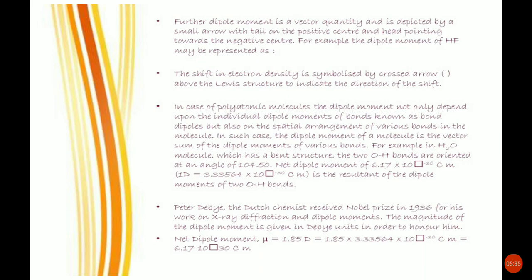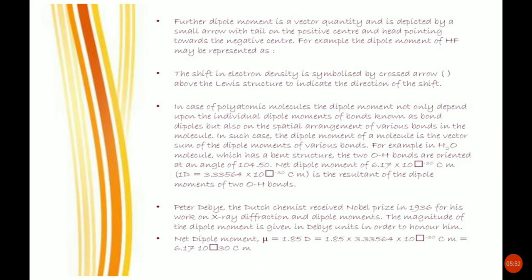So in polyatomic molecules, it does not depend only upon the dipole moment of the individual bonds but also on the spatial arrangement of the various bonds. In such a case, the dipole moment of a molecule is the vector sum of the dipole moments of various bonds.